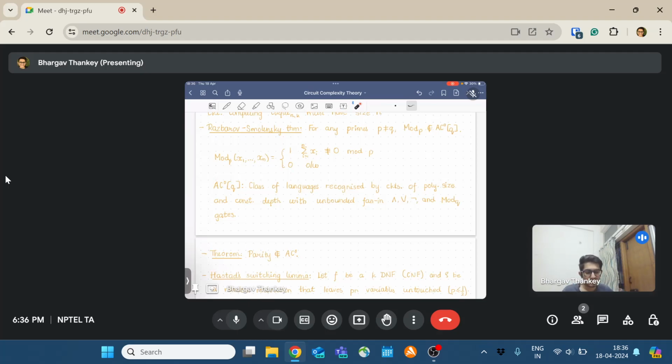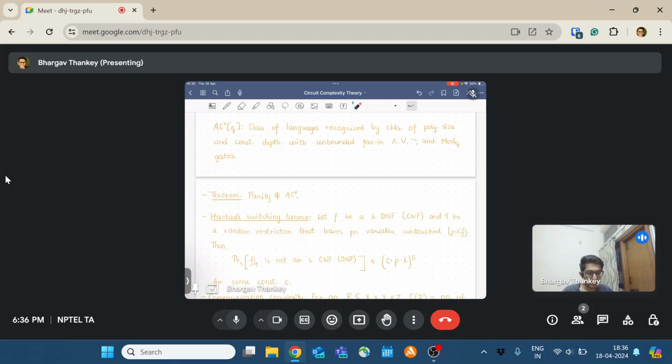The switching lemma says the following: let F be a k-DNF or a k-CNF, and rho be a random restriction that leaves pn variables untouched, for p less than or equal to half.